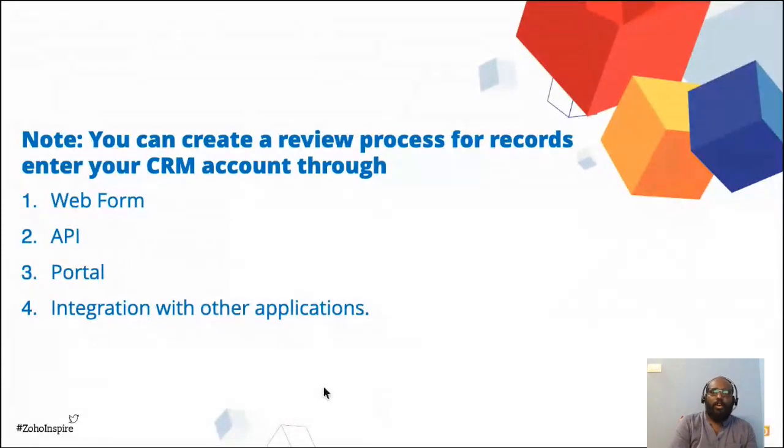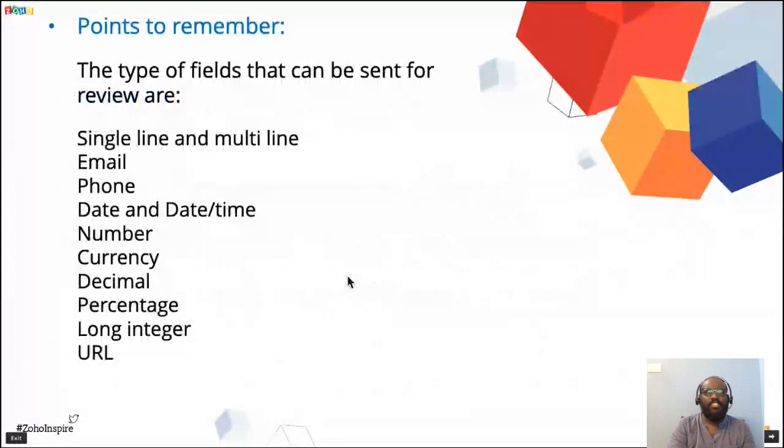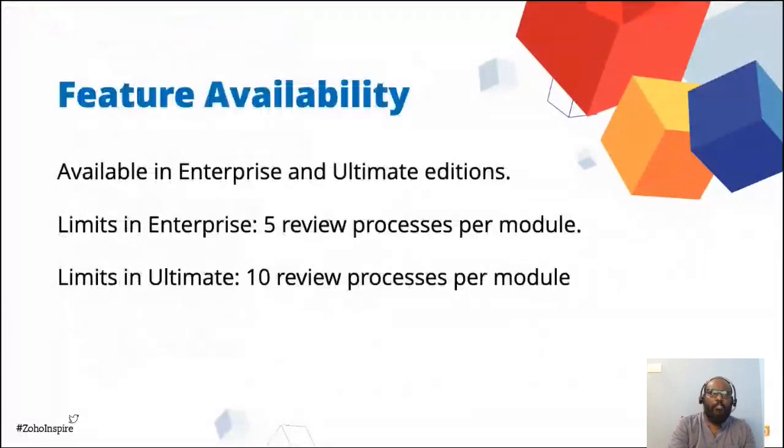Let's check how this review process works. This is the feature availability: the limit in the Enterprise edition is 5 review processes per module, and in the Ultimate edition you have 10 review processes per module. That is a limitation.